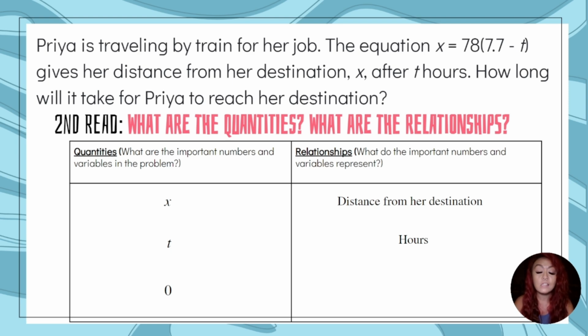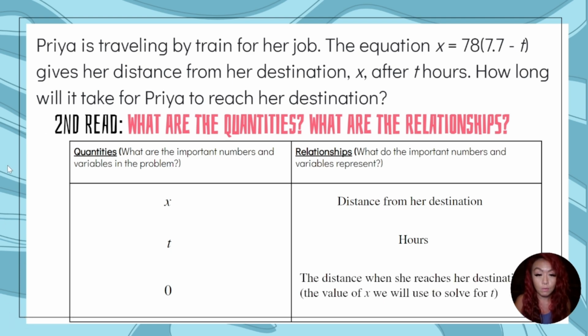If x is the distance from her destination, she reaches her destination when her distance from the destination is 0. 0 is the distance when she reaches her destination. It's the value of x that we're going to use to solve for t. When the distance from her destination is 0, it means she's reached her destination. She's gotten there, right? So that's why we're going to have to set this equation equal to 0.